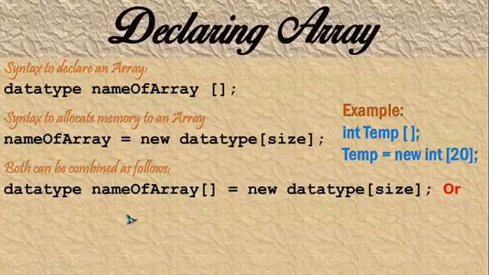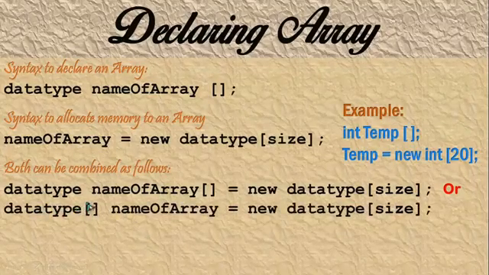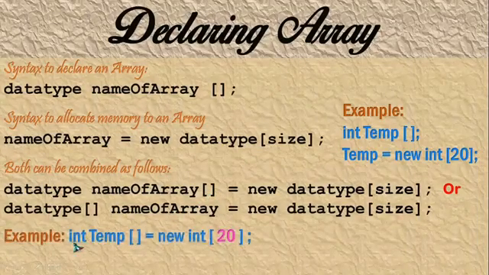Or I also can have data type, the array symbol can be here, and then again array name equal to new data type of size. Whether the array symbol is here or here, that doesn't make any difference, both are right. So here in a single line I have int space temp array symbol is equal to new int of 20.